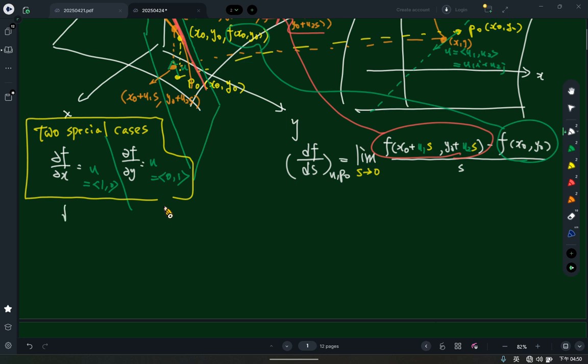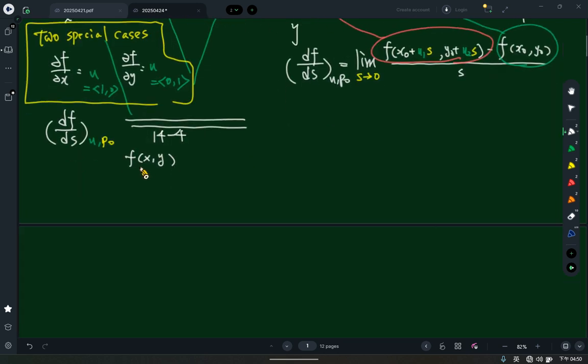So if we want to calculate df over ds, where the direction is u and the point is p0, how can we do it? We can just follow section 4. F originally is determined by x and y, right?